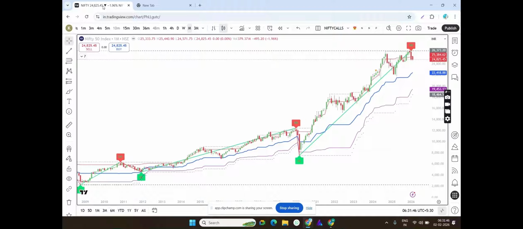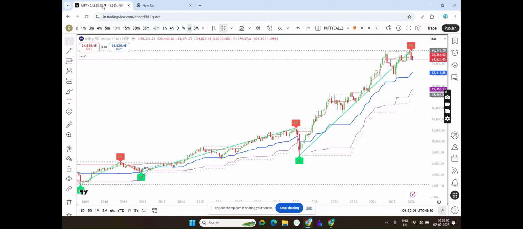So today we will be analyzing Nifty 50 index on various time frames for trend identification on the Nifty 50 index.